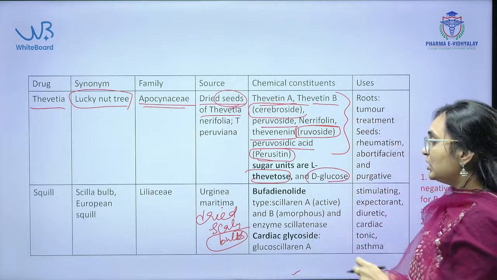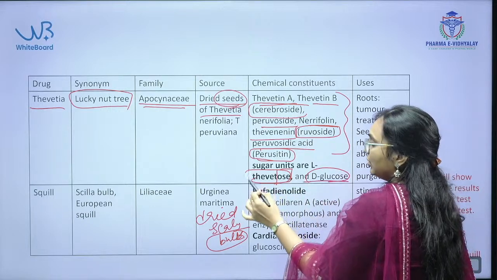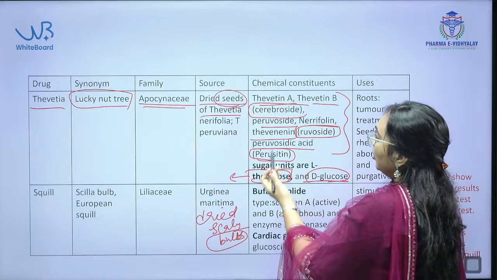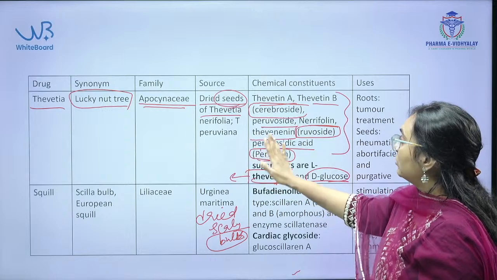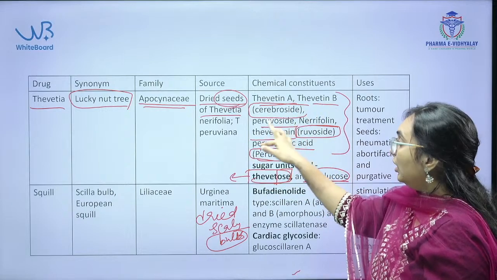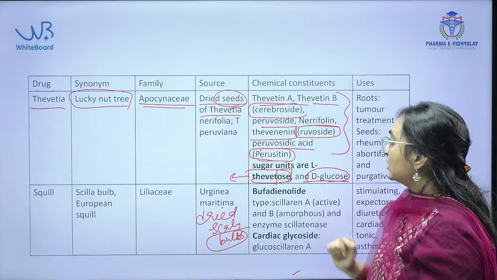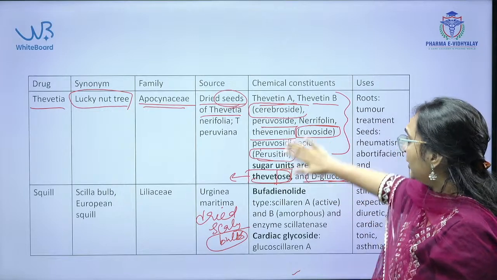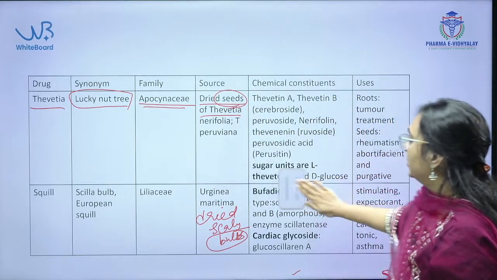You can remember the sugar units easily: the ose ending and glucose, you can identify as a sugar. Thevetose is the sugar part, and the aglycone parts are Thevetigenin A and B. Which of the following cardiac glycosides is a cerebroside? Thevetin B. So these are the important chemical constituents of Thevetia.